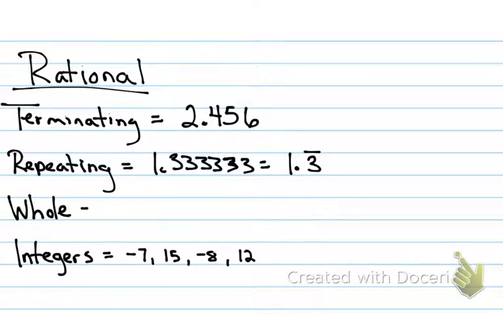That's different from whole numbers. Whole numbers are only positive. And I mean, guys, there's an infinite number of examples. But the difference between a whole number and an integer is a whole number can only be positive. An integer can be positive or negative, but neither one of them have decimal values.